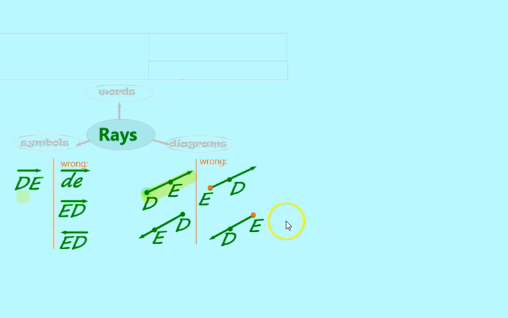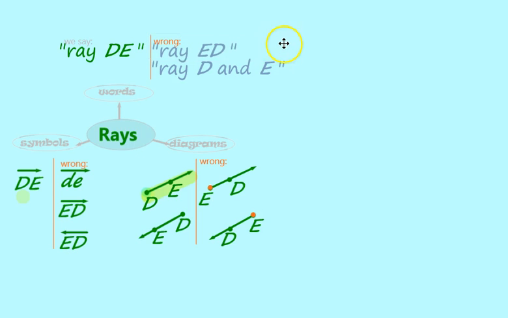And of course, it also would be incorrect even if you reverse the direction. Of course, you have to remember not to use lowercase letters as well. When it comes to using words describing these elements in writing, we will be saying ray DE. We cannot name it ray D and E, and we cannot say ray ED.